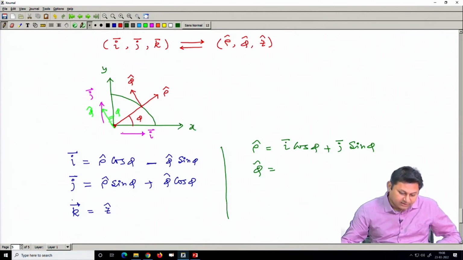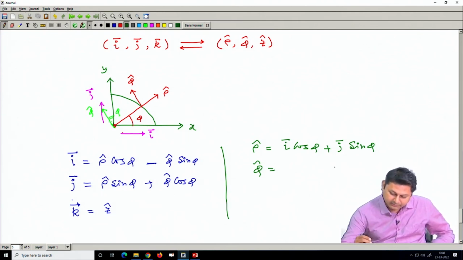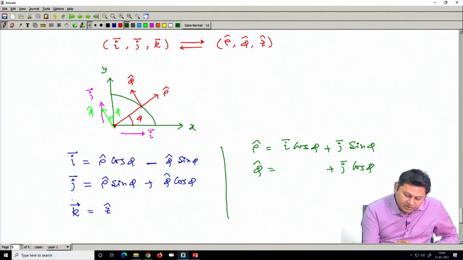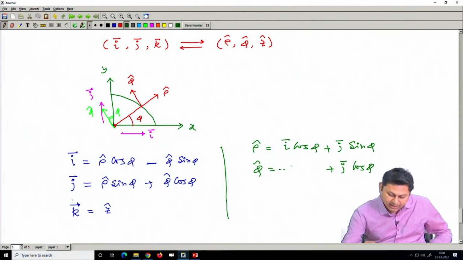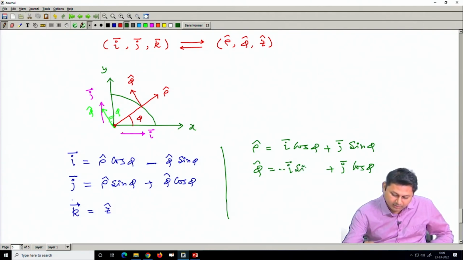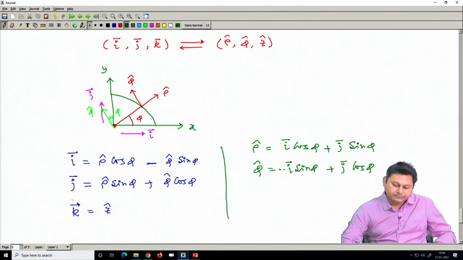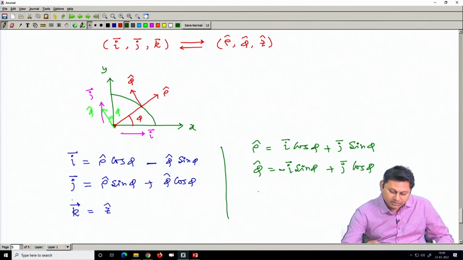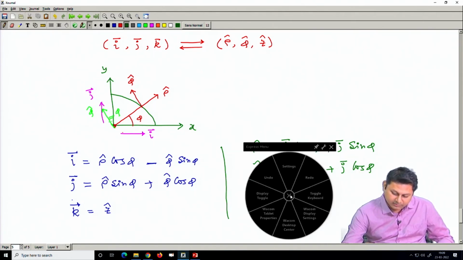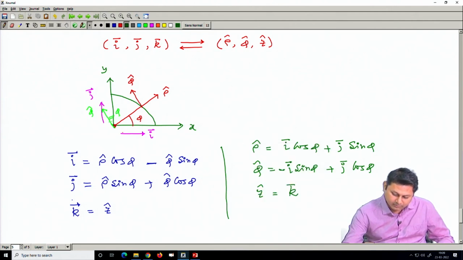So, now from this figure, if I want to decompose along j direction, it should be plus j cos phi, and if I decompose along this i direction, it should be a negative sign and then i and the sine of that component. Okay. What about the z? z should be simply along k direction.